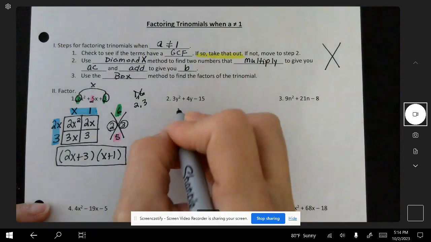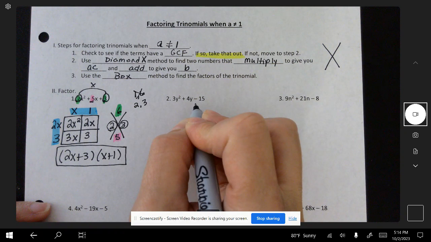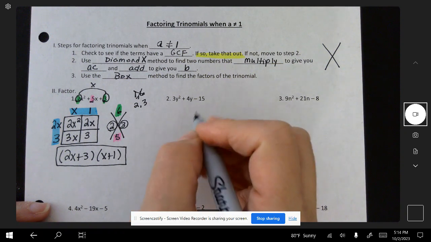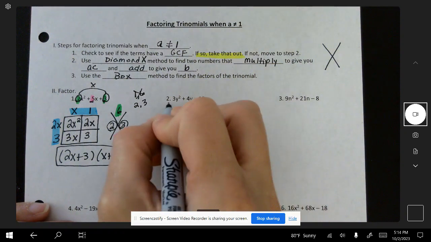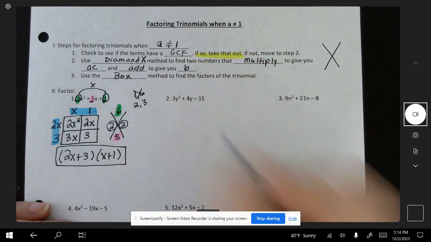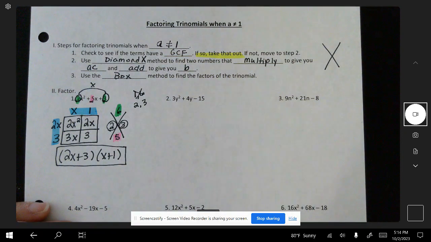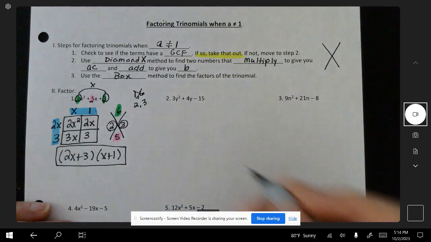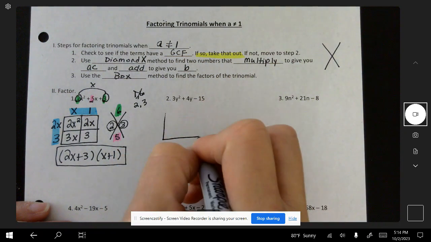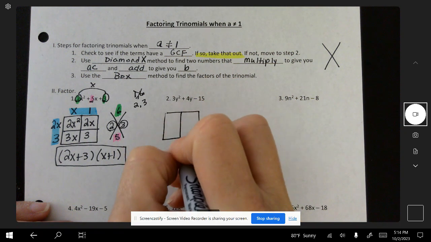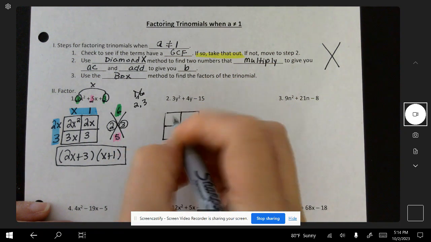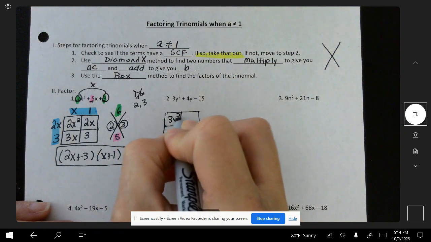Next, we have the 3y squared plus 4y minus 15. So is there a greatest common factor across there? 3, 4, and 15 have nothing in common. So we're going to go to our box. Okay, the top left is 3y squared.